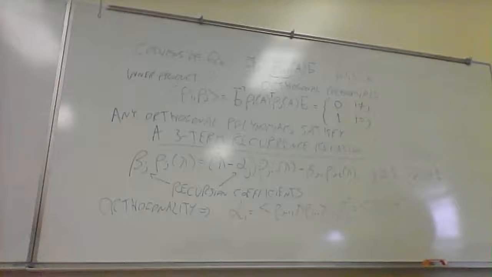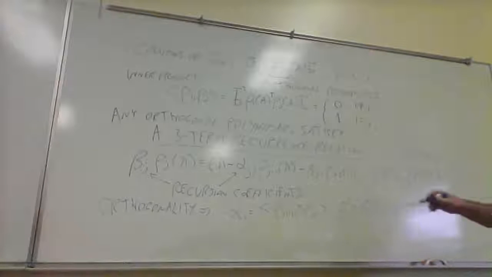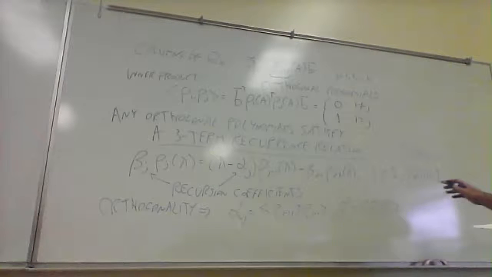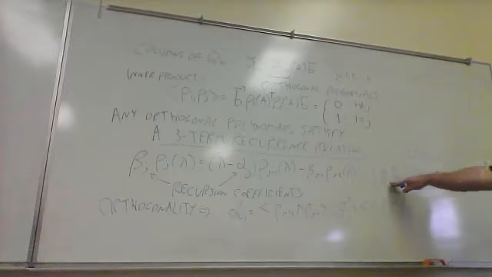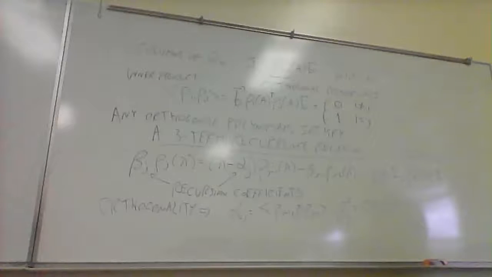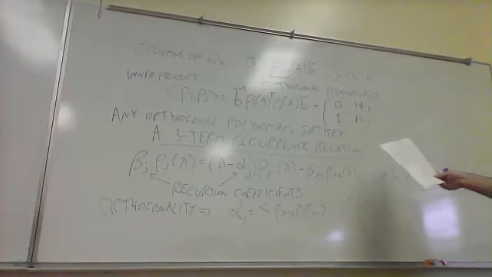So now we have these coefficients. Also, if I apply this three-term recurrence relation repeatedly, starting from j equals 1 and then continuing, now I have several equations, each coming from a single instance of this recurrence relation.